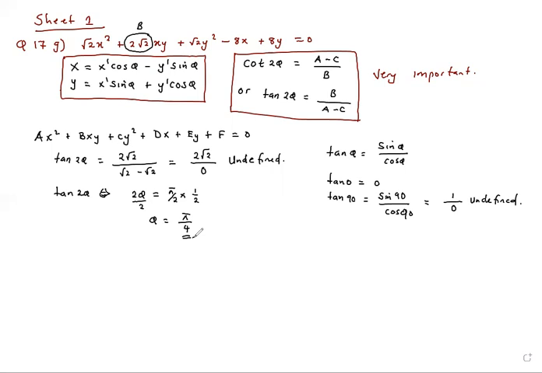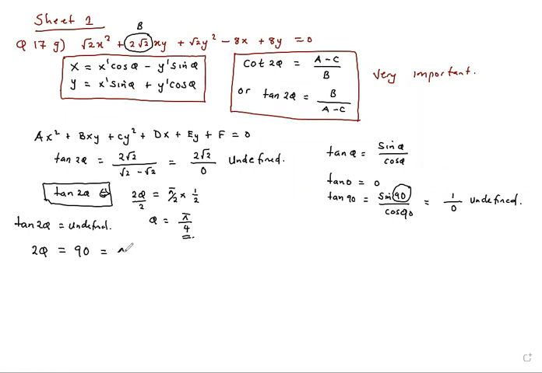Excuse me, sir. Hello. What have you done here? Why have you written 2 theta over 2 is equal to pi over 2 times half? Where have you gotten that? Here we are saying if tan 2 theta is undefined, we look for the angle which makes it undefined, and we have identified the angle to be 90. So it means that the 2 theta inside tan should be equal to 90.